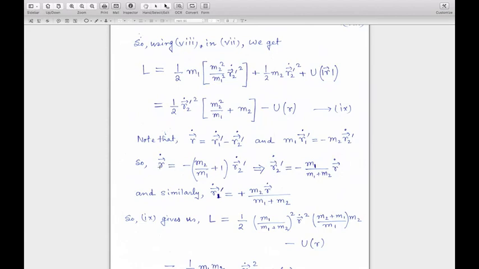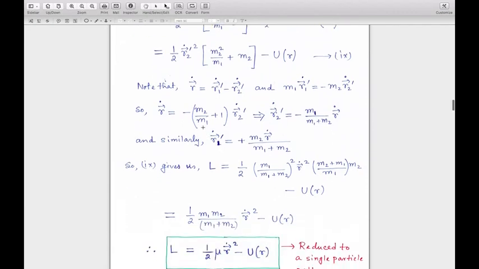Then we can easily say r dot is nothing but minus (m2 by m1 plus 1) r2' dot, and so r2' dot can be related to small r dot by the ratio minus m1 by (m1 plus m2). And in the same way you can write r1' dot will simply be equal to plus m2 r dot by (m1 plus m2).